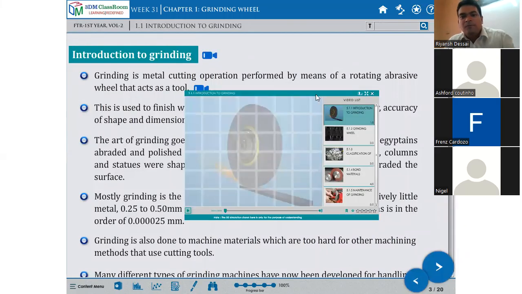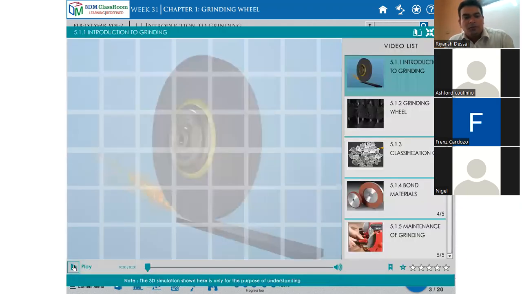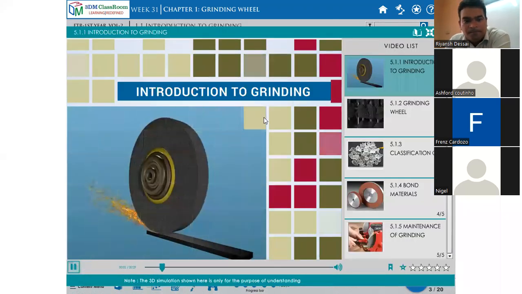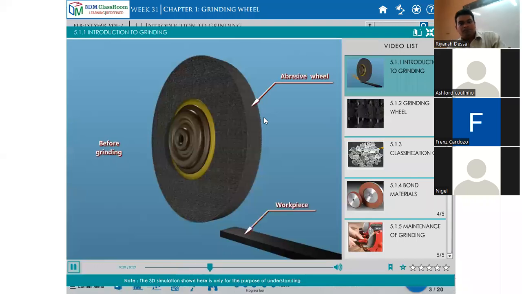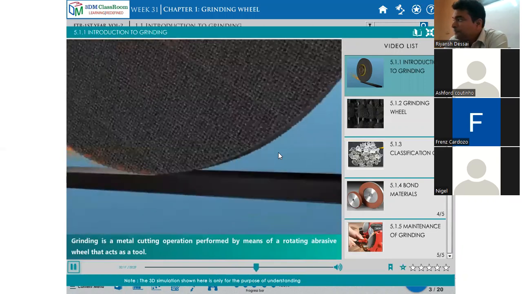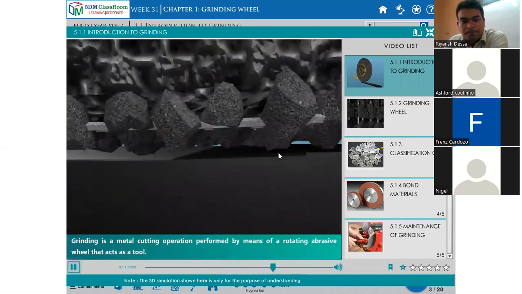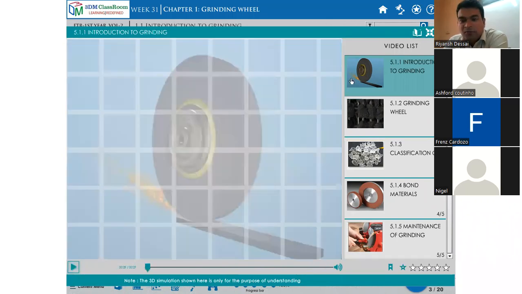This is one small video about the introduction to grinding. Before grinding, workpiece. Grinding is a metal cutting operation performed by means of a rotating abrasive wheel that acts as a tool. These are the abrasive particles, and this is the bond, which holds together all the abrasive particles.